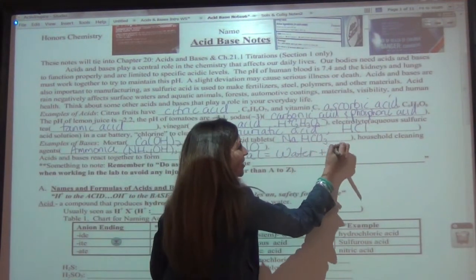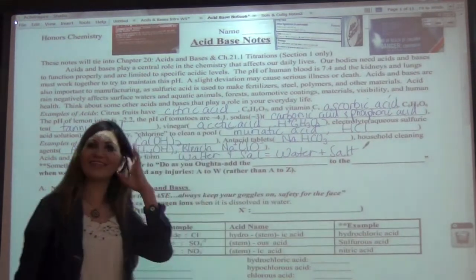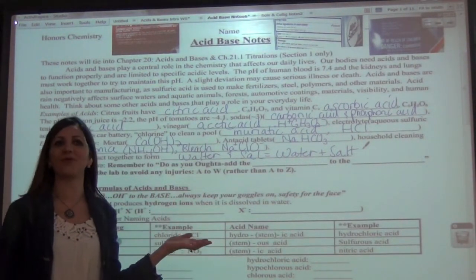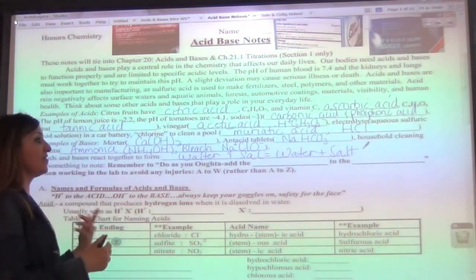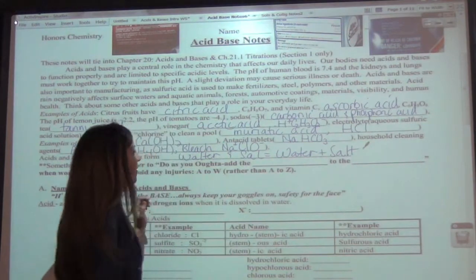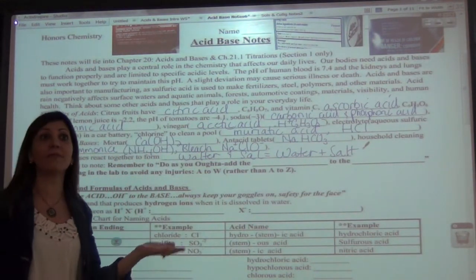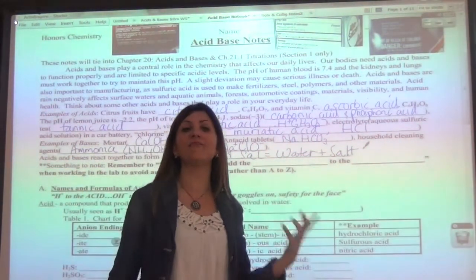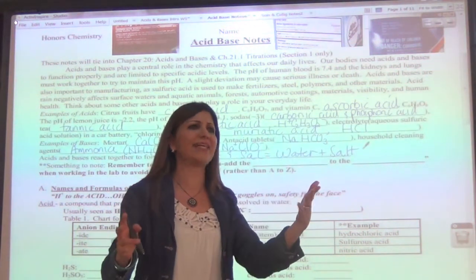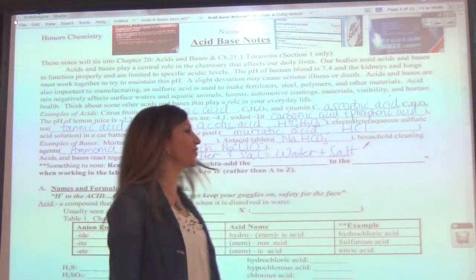It's actually water and salt. If you remember the two guys walking in together, then that's going to help you. Whenever you have an acid and base, this forms water, which is a neutral solution, and then salt. And it doesn't have to be NaCl. It can be calcium chloride. It could be magnesium fluoride. Typically, they'll call a salt something that ends in a halogen, but it's not necessary.